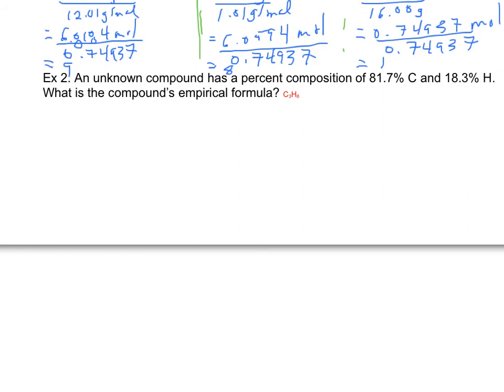Example 2 requires us to implement step number 4. It's the same type of question. We're given percent compositions and we're asked to determine the empirical formula. To achieve step 1 easily, I'm going to take a 100-gram sample.